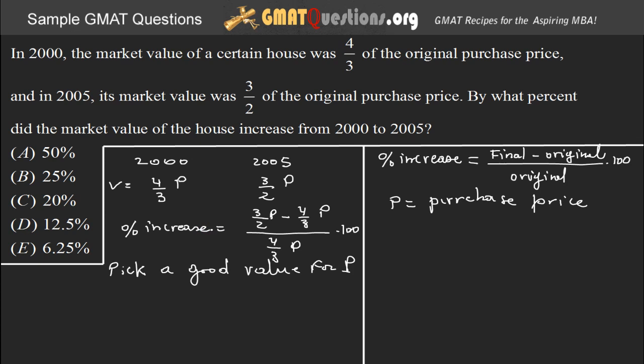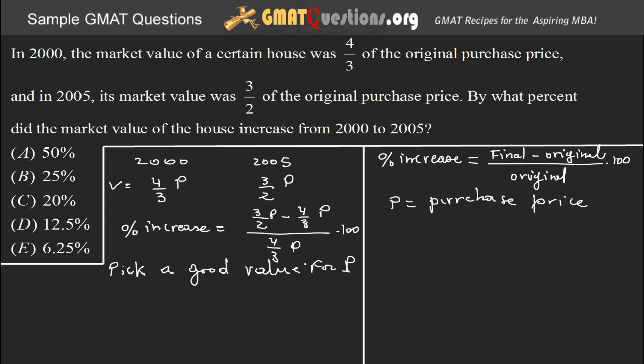It could be 1, 100, 1,000, 100,000. It wouldn't make a difference on the actual result. I hope you understand that, because actually P does simplify here. So it doesn't really matter what the value of P is. But again, we're going to choose a value for P here because we want to speed up the solving process.